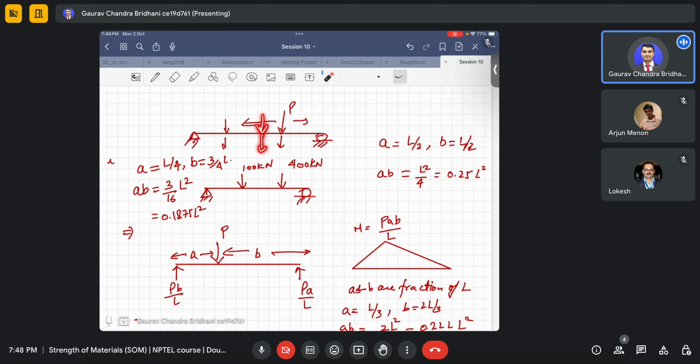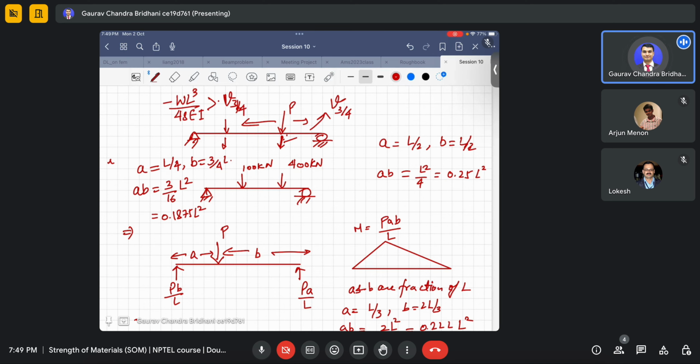The deflection value here, as you rightly told, is minus WL cube by 48 EI. Now suppose this deflection is V, I will say V 3 by 4. Your V 3 by 4 will be less than the value when the same load would have been at the center of the beam.